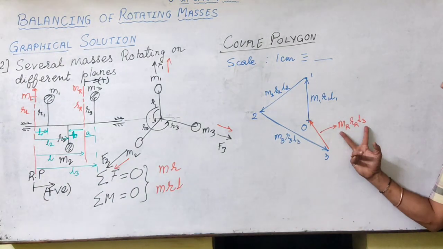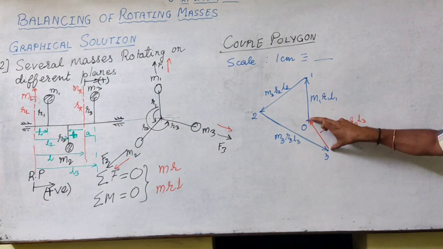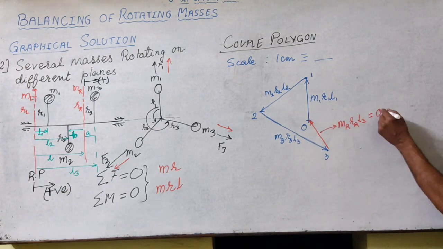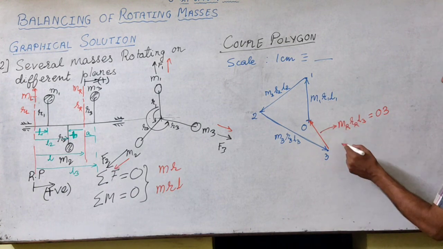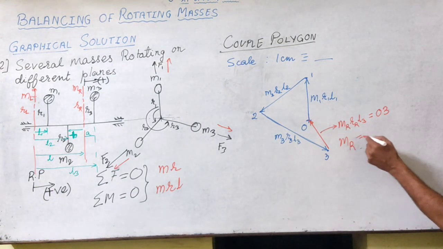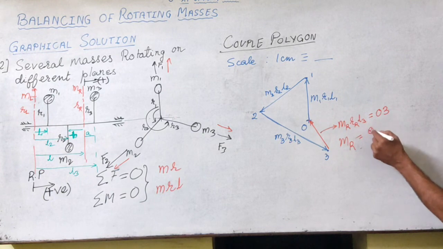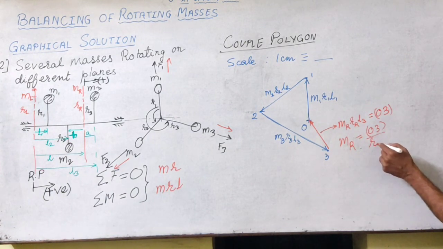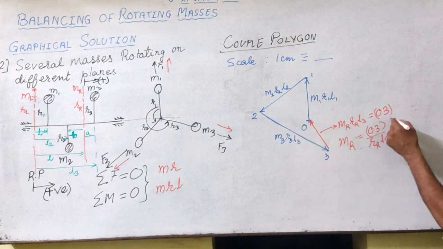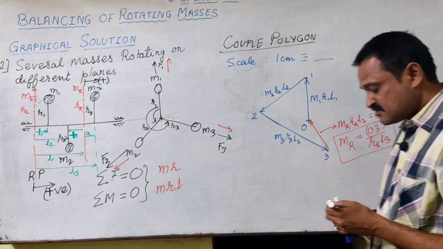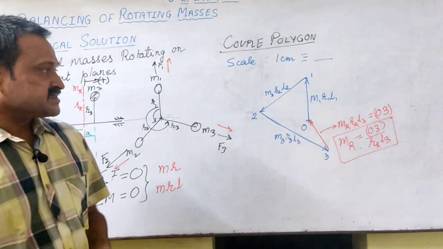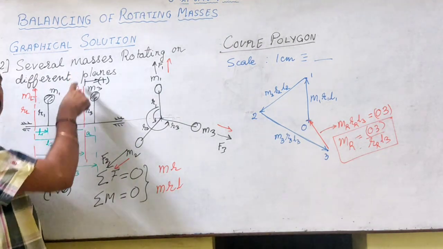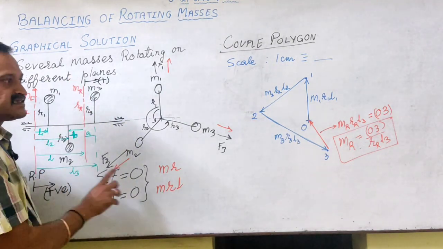So we can now measure this value, whatever this value, this will be equal to O3, and we can determine the mass as the length O3 divided by RR LR. So we can find out the magnitude for this mass, which is to be placed at the right plane for balancing the system.